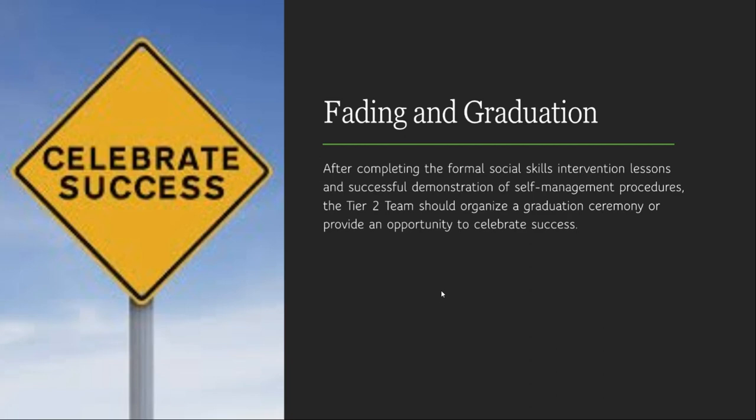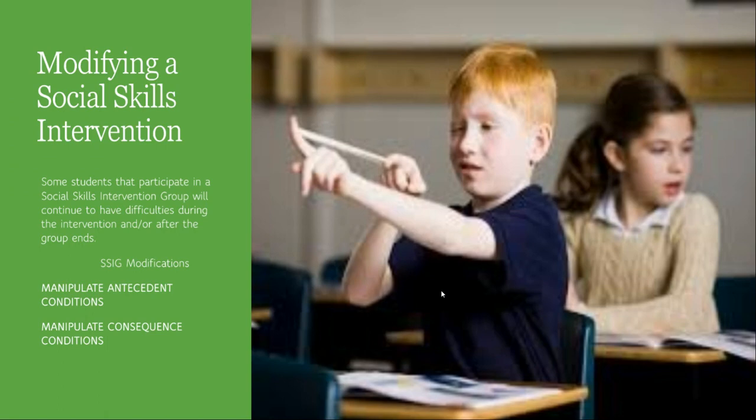Once that happens, the tier two team has to figure out how to fade these interventions, and how they are going to promote those self-management procedures in the classroom after graduation has taken place. As we know, there will be times when students are not having a positive response to an intervention.